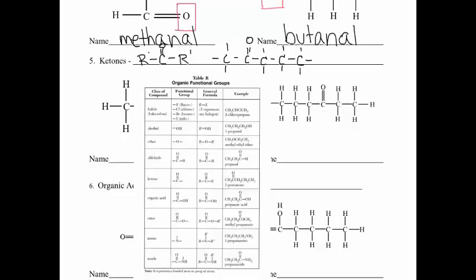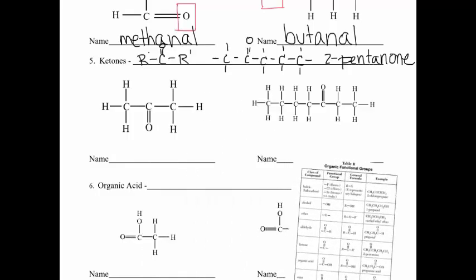So what they did was they counted the number of carbons, which was 5. So we would call that pentane normally. So they dropped the E, added -one, like the ketones. Just like up here we added AL, like aldehyde. This we're adding -one, like ketone. And then they gave the address of the double bonded oxygen, because that could be on the third. Can never be on the first, because then it would be an aldehyde.